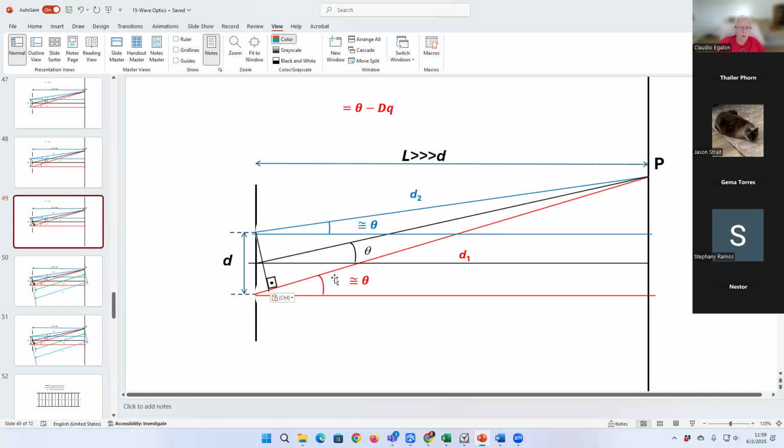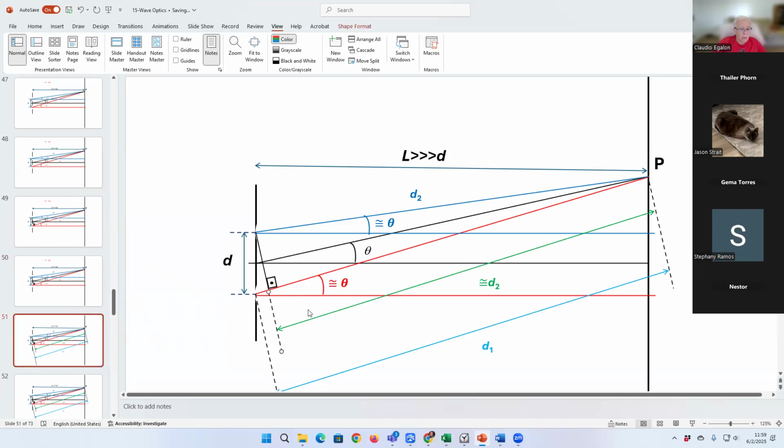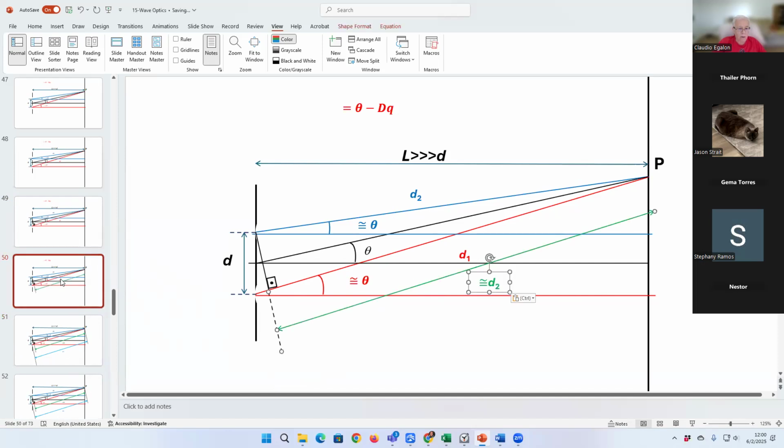And because of that, we can state that this distance that you see right in here is approximately the other distance D2 that you saw there.